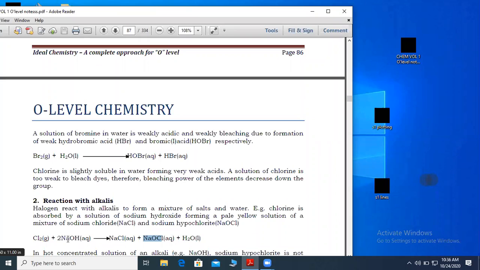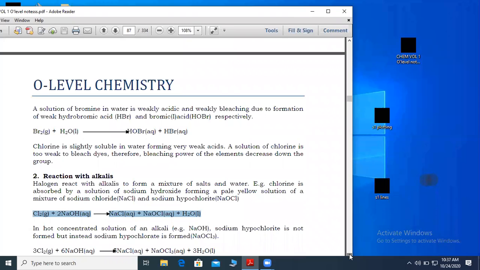When chlorine reacts with cold, dilute sodium hydroxide, the product is sodium chloride, sodium hypochlorite, and water. So write that condition. This is only possible when sodium hydroxide is cold and dilute.